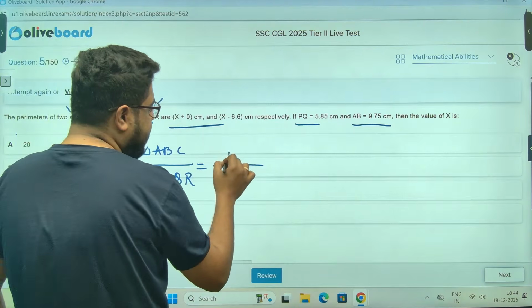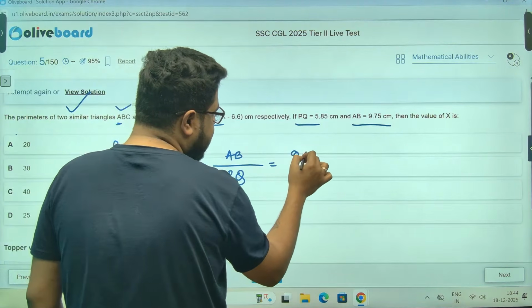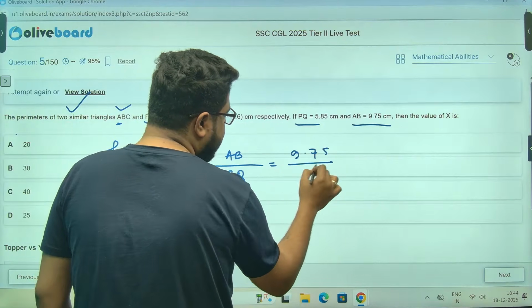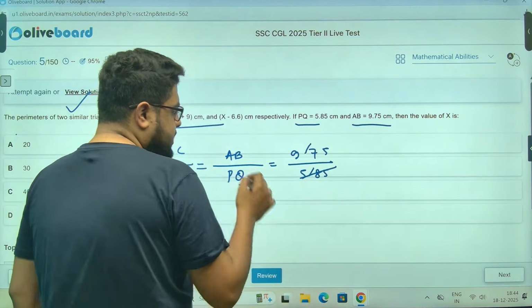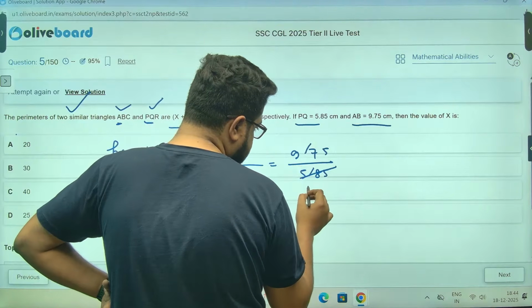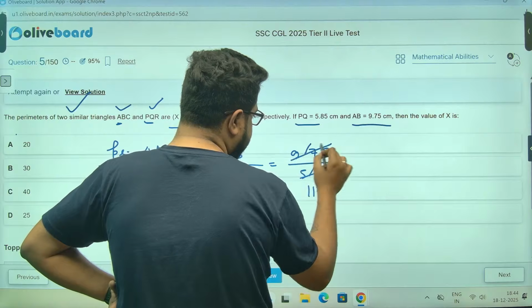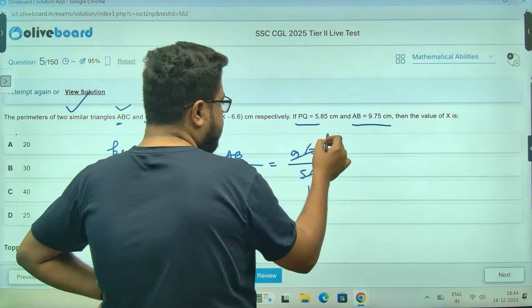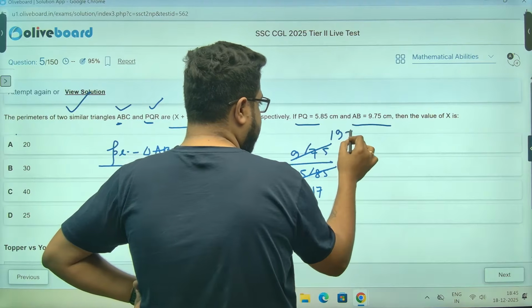ABC corresponds to AB, PQR corresponds to PQ, which is 9.75 divided by 5.85. Get rid of this. 5 11s are 55, 5 7s are this, 5 19s are 95, 5 5s are this.